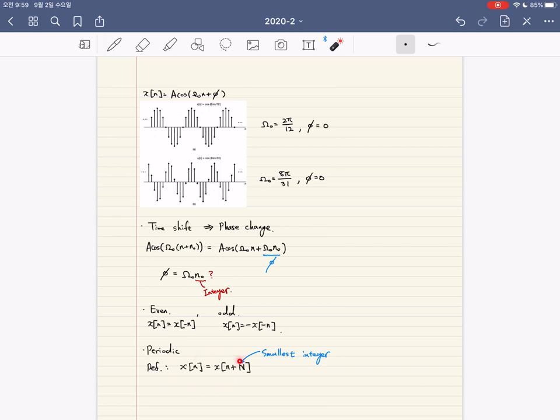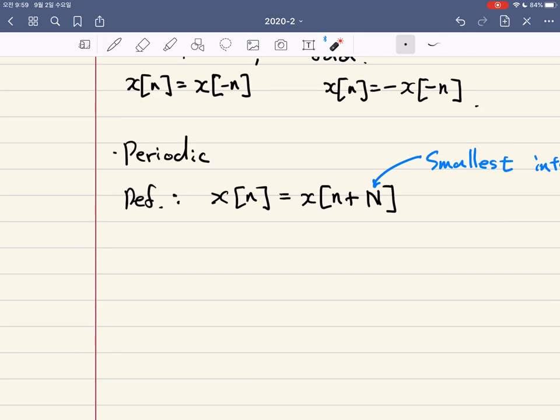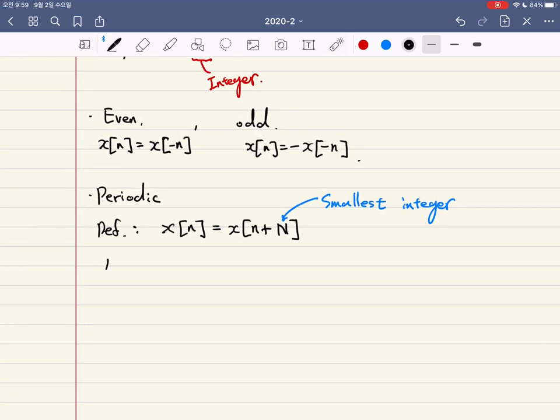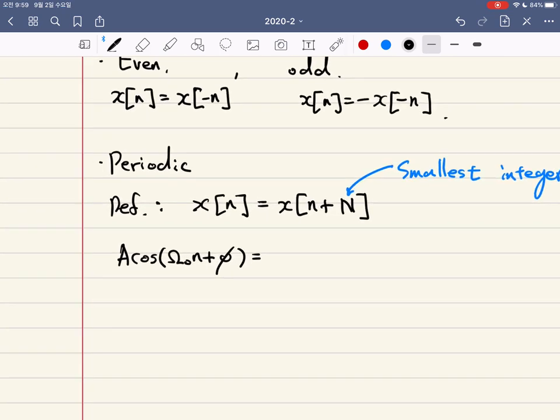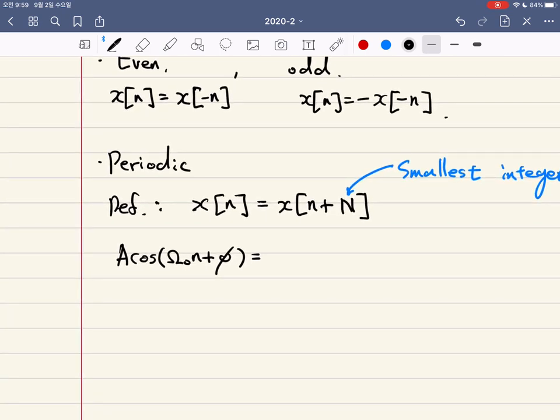We will substitute this relation into this one, and the left-hand side will be the original equation, whereas the right-hand side would be like this.